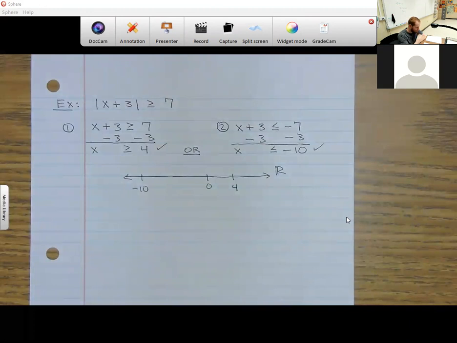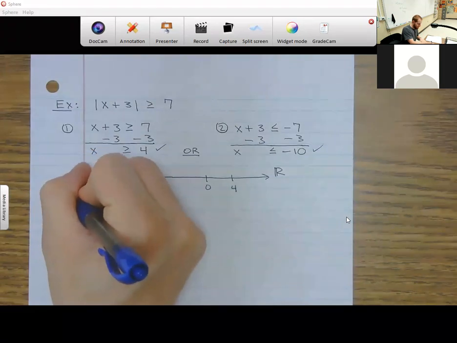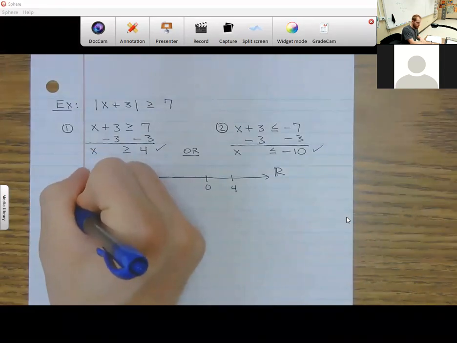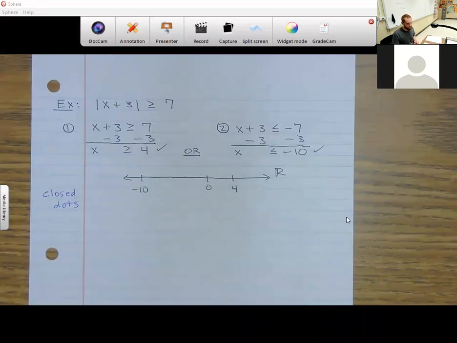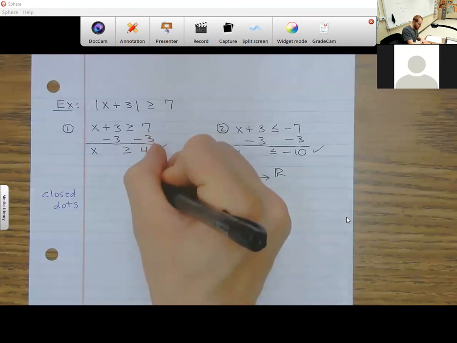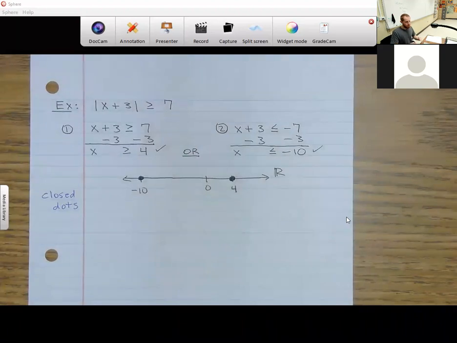Now, since I have the greater than or equal to and the less than or equal to, I'm going to be using closed dots. Because these symbols are going to actually include the numbers that I'm talking about. So let's put a closed dot on 4 and -10. And I'll make them kind of big so you can see them. Okay, so those are my closed dots.